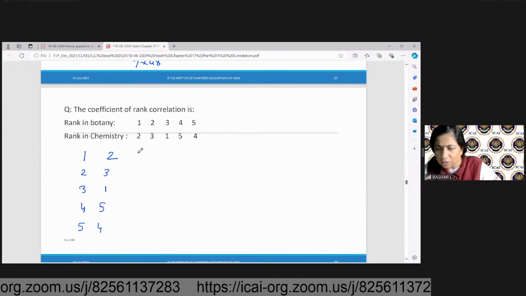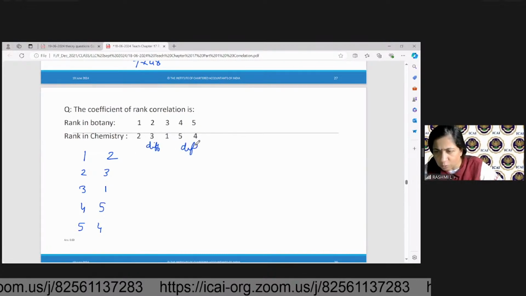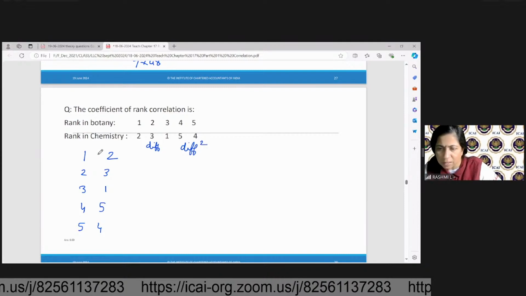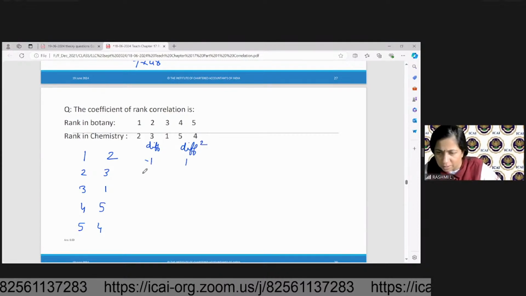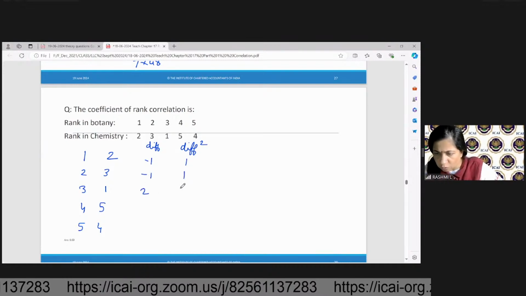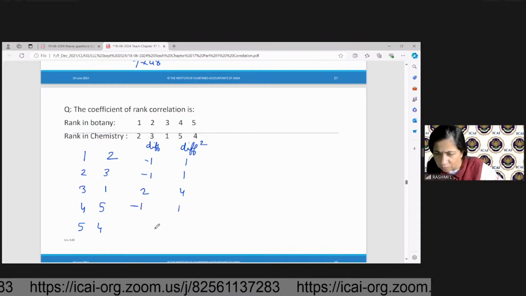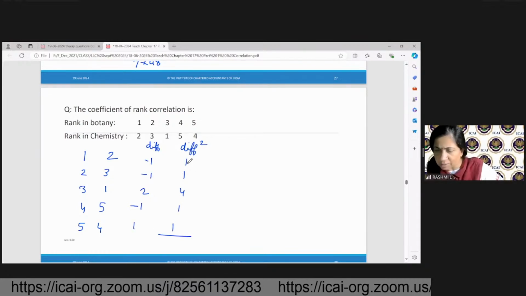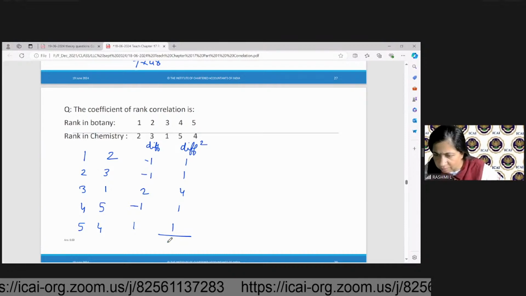So just find the difference and then find the difference square. The difference is -1. -1 square is 1. -1, 1. 2, 4. -1, 1. 1, 1. How much is this? 1, 2, 3, 4. This is 8.